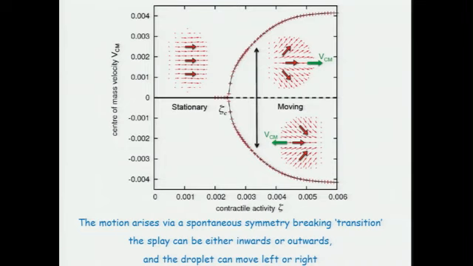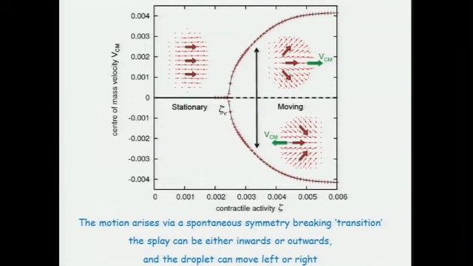Now, coming to the question of the velocity, we can characterize this as a second-order non-equilibrium transition. If you fix basically the elastic constant and all the other parameters, in particular the droplet size, then by cranking up the contractile activity, you are first stationary. This is showing the velocity of the center of mass of the droplet as a function of activity.